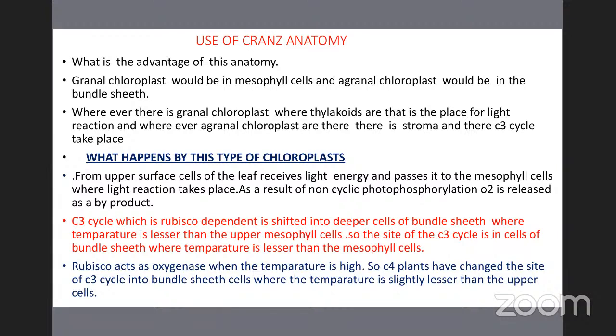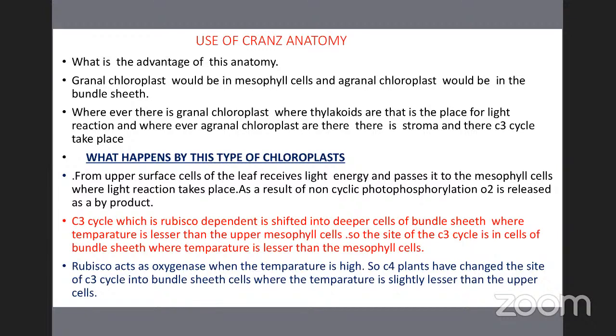So the site of the C3 cycle is in the cells of the bundle sheath, where temperature is less and the concentration of oxygen is also less than in the mesophyll cells. Why?